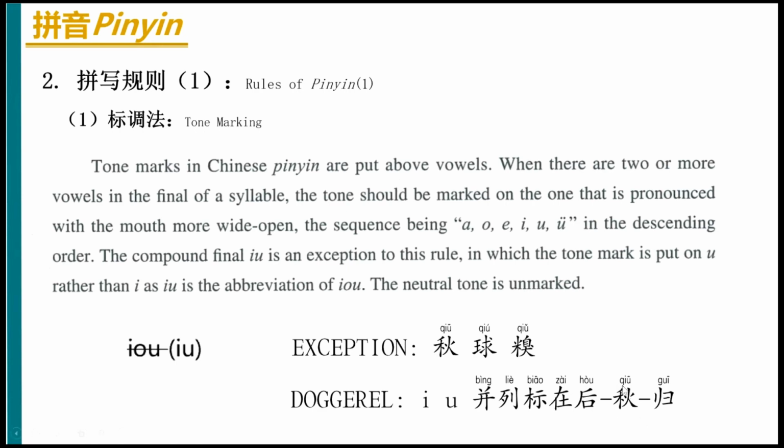For example, 秋, 一 and 乌, 一 comes first, while the tone is on the last one, is on u's head. 龟, u comes first, but the tone is still on the last alphabet's head, is on i's head, right? So for this exception, this jingle will help you to remember it.